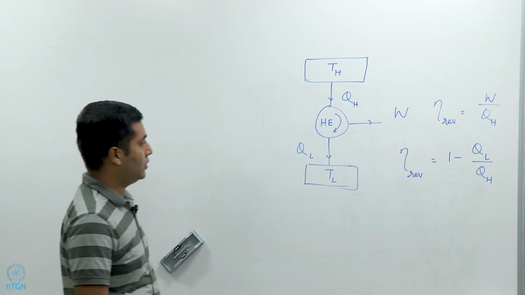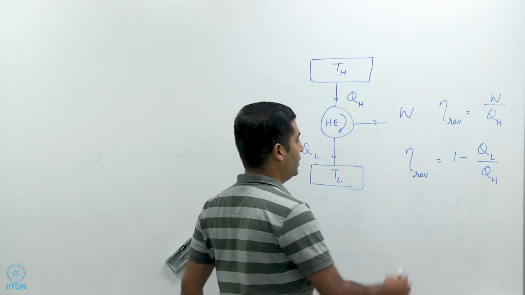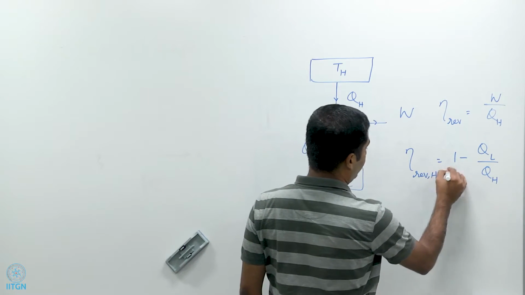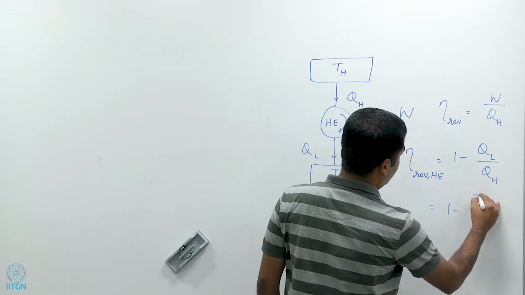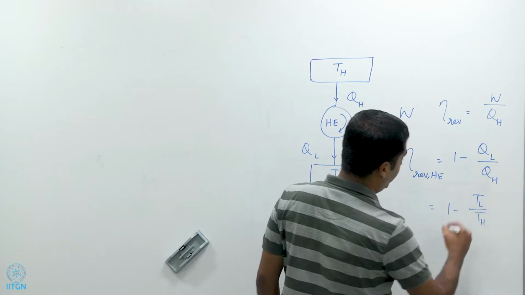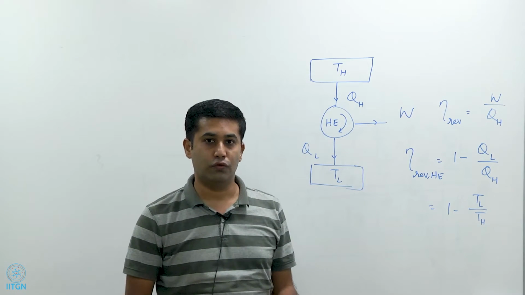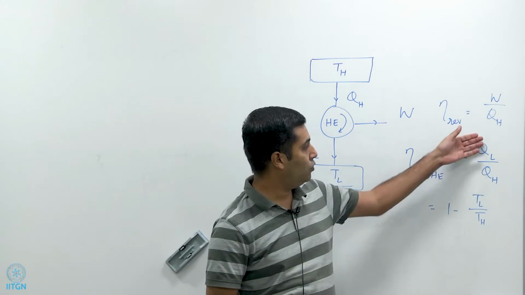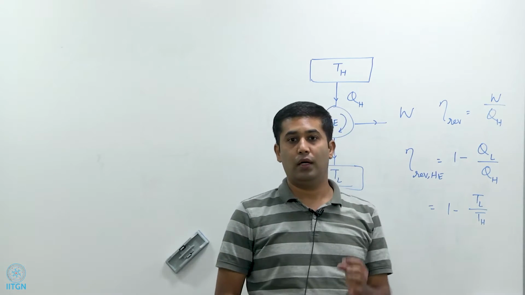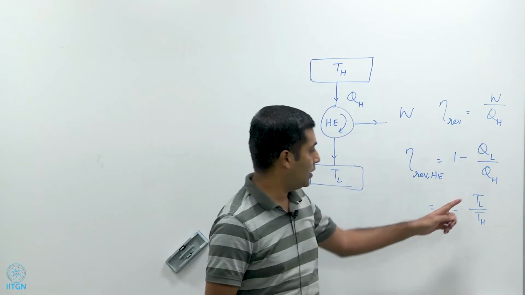So I'm going to write eta reversible heat engine as 1 minus QL by QH, and this is equal to 1 minus TL by TH, based on the previous two videos where we defined the temperature scale in such a way that QL by QH of a reversible heat engine is TL by TH.